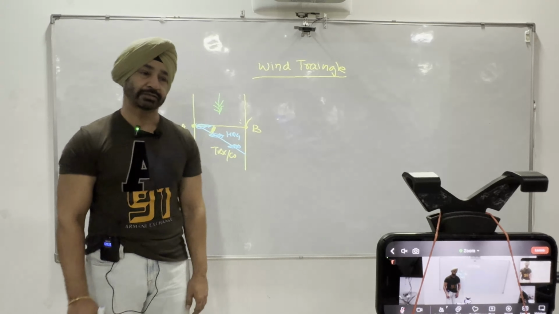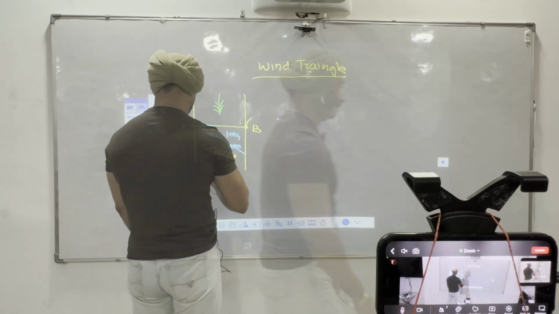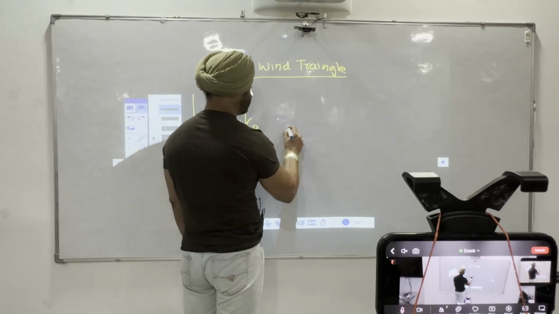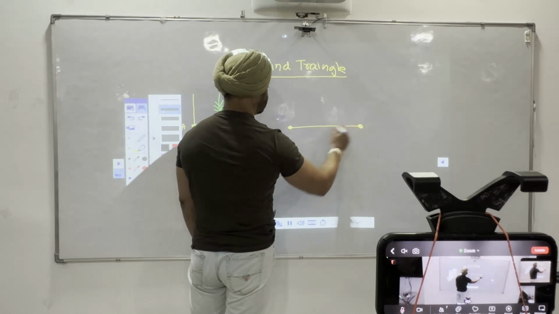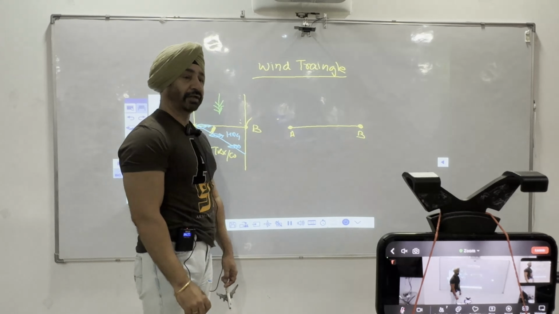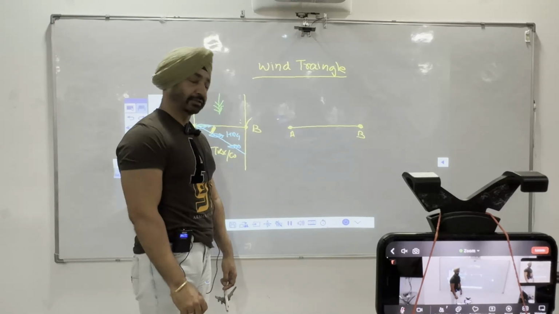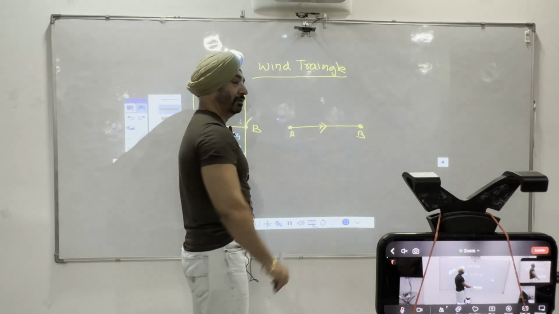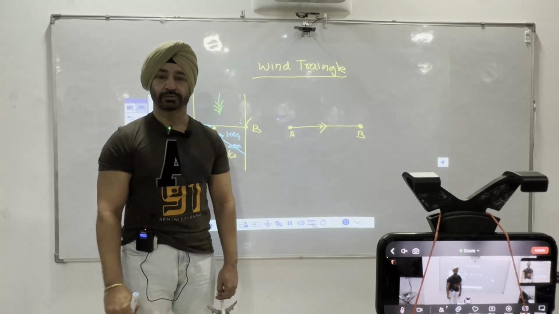Now just visualize you are on the aircraft and you want to go from place A to place B. This is the track which you need to follow. As a convention, track is shown by 2 arrows.